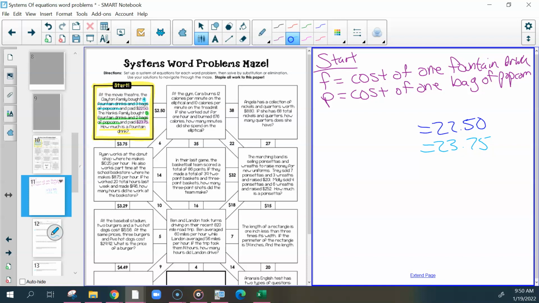How would we write that into the equation? Using that same logic for our second one, we have 5f plus 2p. So we've defined our variables, we've set up our equations, and we determined that we're going to solve this by elimination.